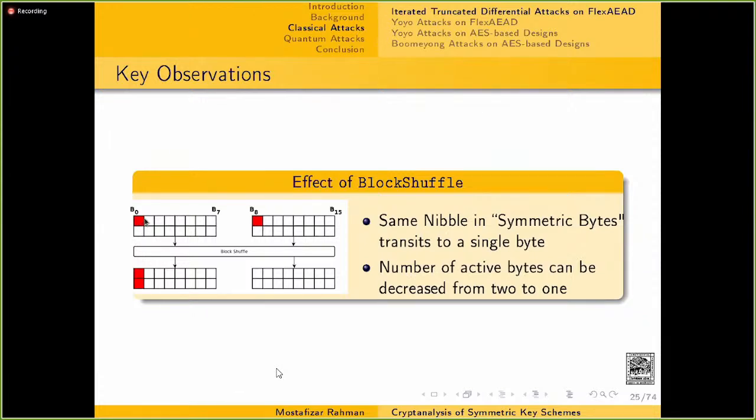If the upper nibbles of B0 and B8 are active, after the block shuffle layer these two nibbles come into just one byte. This essentially means that two active bytes after the block shuffle layer translate to a single active byte. This is lowering the diffusion. It is a weakness that we have observed here, and later we will exploit it.